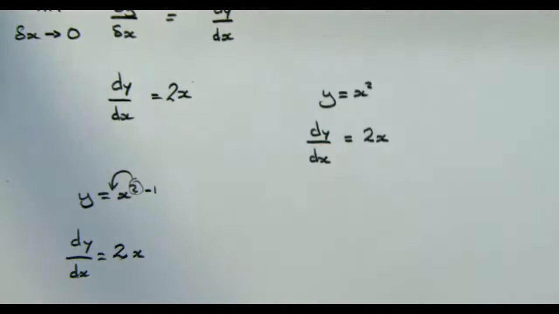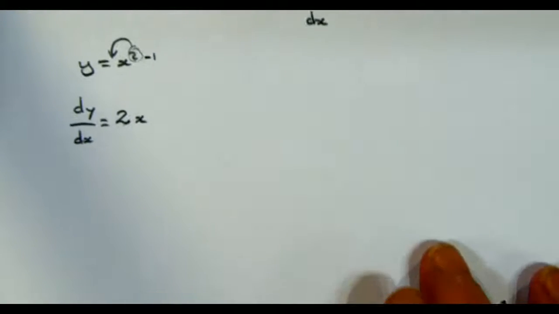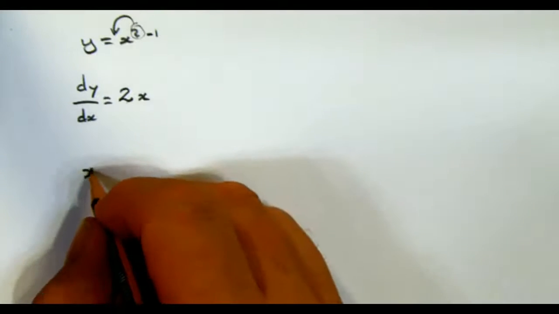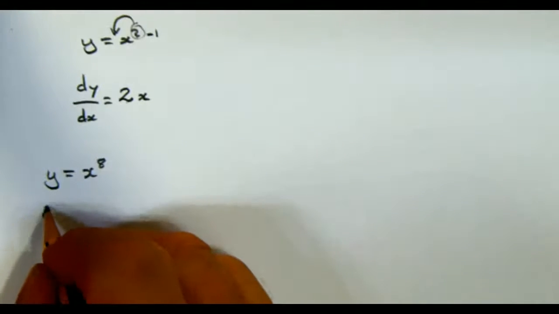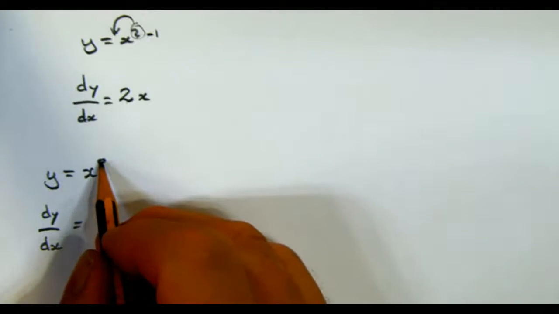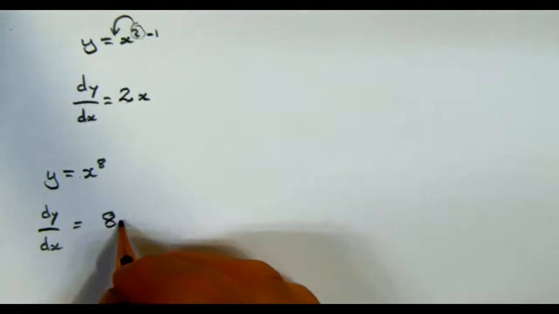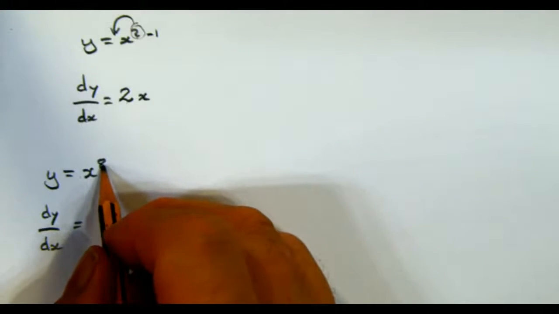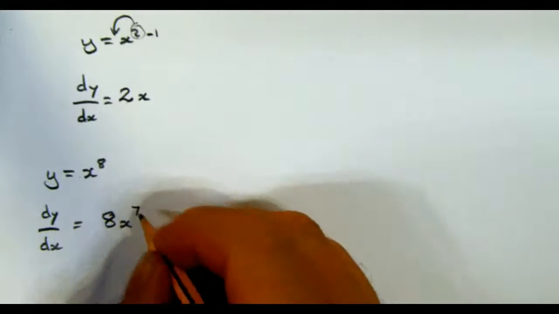Let's look at a particular example of this, and we'll just grab a couple of numbers that we can have a quick look at. Let's take, for instance, x to the 8. So y equals x to the 8. So for this one, dy by dx will equal 8x, and the value of the indice will decrease by 1.